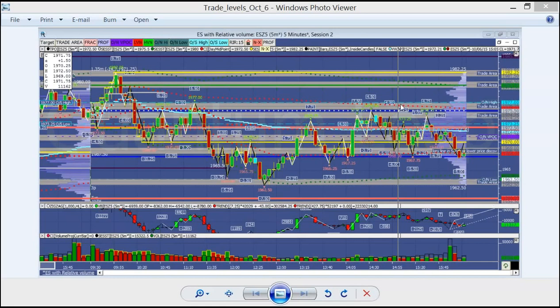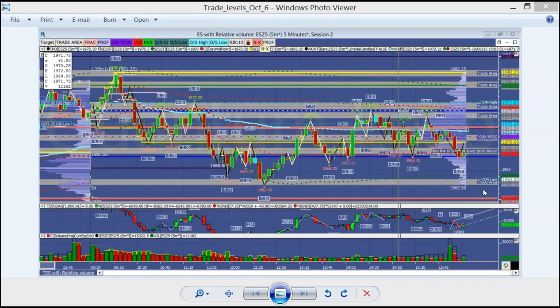Once we got below this line right here, which was the value area low, I was looking for an 80% destination trade down to that 60 and a quarter. And we didn't quite get there. We got down to 62.50, and I was looking for that flush into the close to complete the 80%.